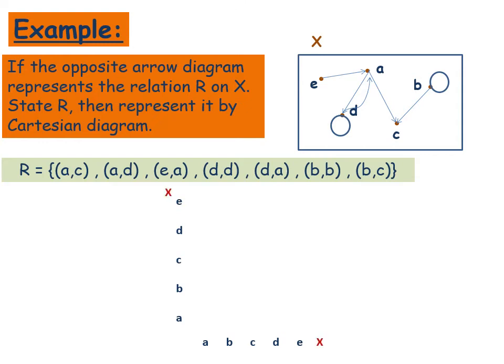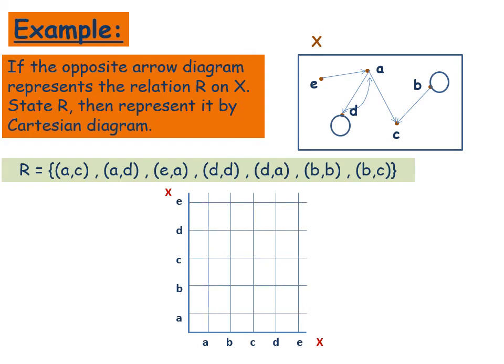Then I will construct all possible pairs, like that. Then I will point to the ordered pairs which belong to the relation, which are AC, AD, EA, DD, DA, BB, and BC.